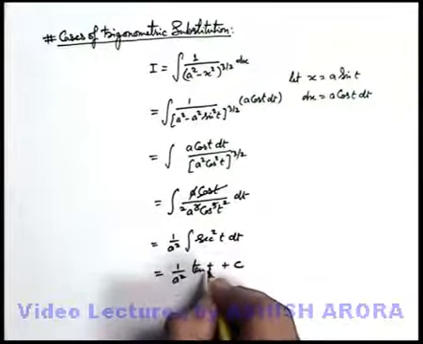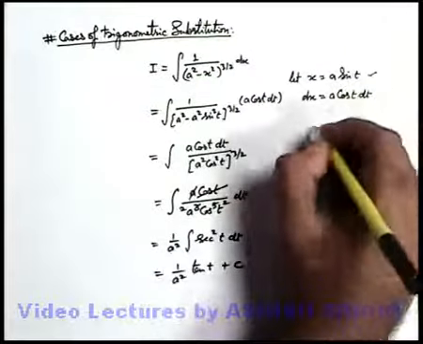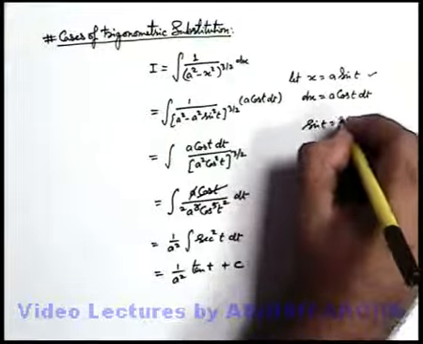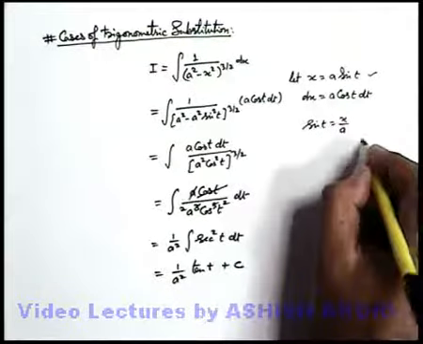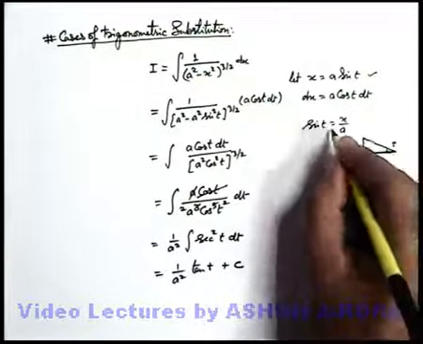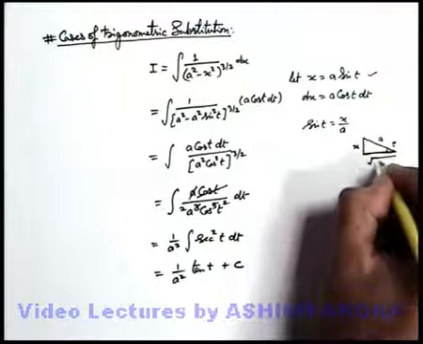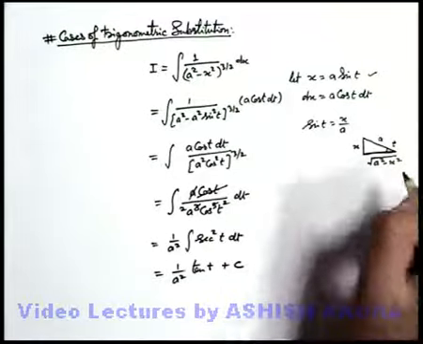Now we need to substitute the value of t also, or we need to find the value of tan t, which we can obtain from here. Here you can see the value of sin t is equal to x by a. If we draw a right angle triangle with this angle as t, sin t can be written as x by a. The base of the triangle will be root of a square minus x square.